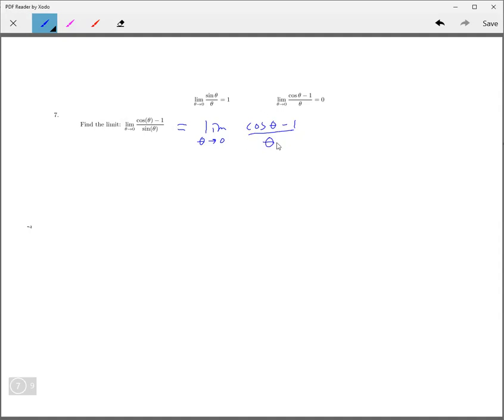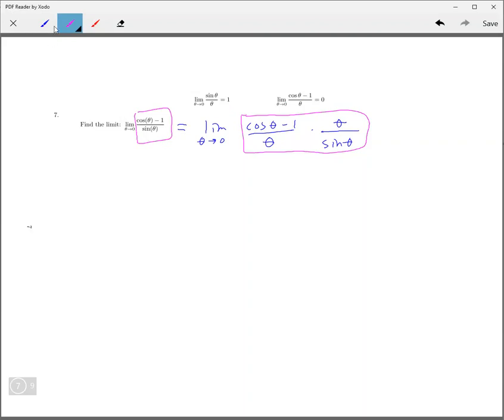But this is not equal to that. But I can make them equal by just multiplying by that. Now they're equal because the thetas are going to cancel. So this is equal to that. Okay, so that is exactly equal to that because the thetas are going to cancel.